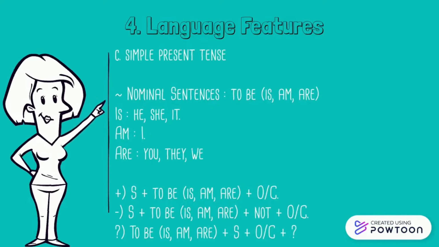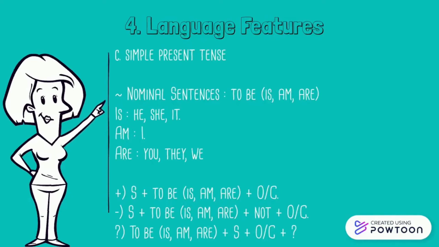So now, please look at these patterns carefully. For the positive form, you can prepare the subject first, and then when you choose the subject, please pay attention what subject that you will use, and then choose the to be.